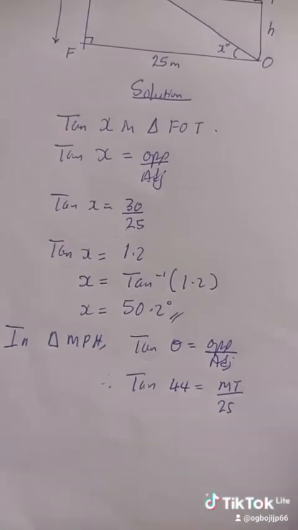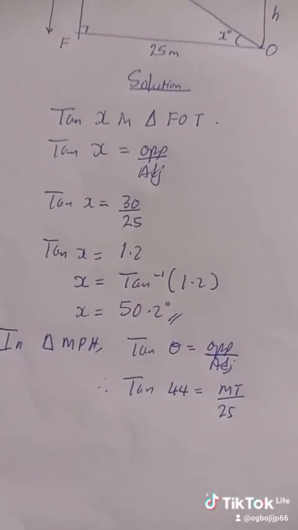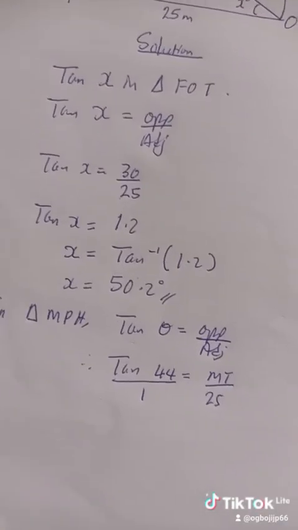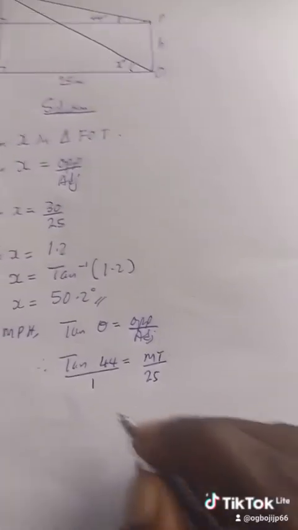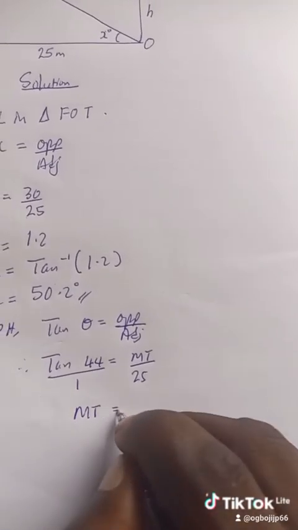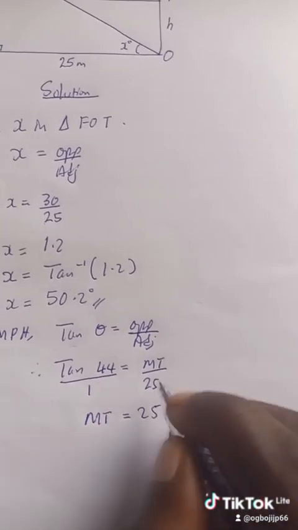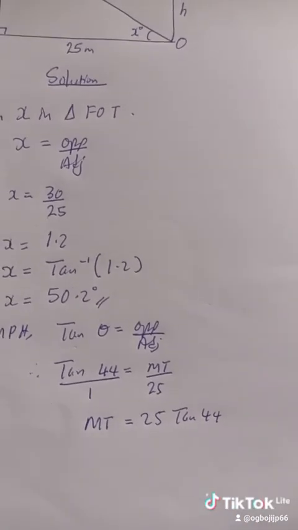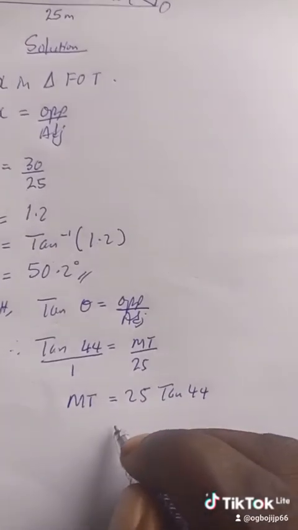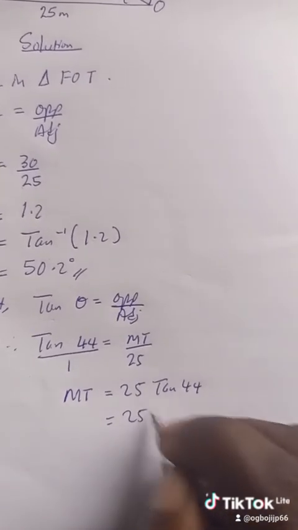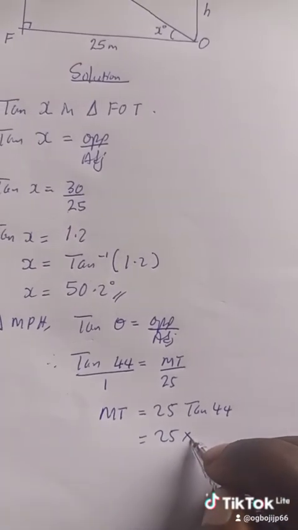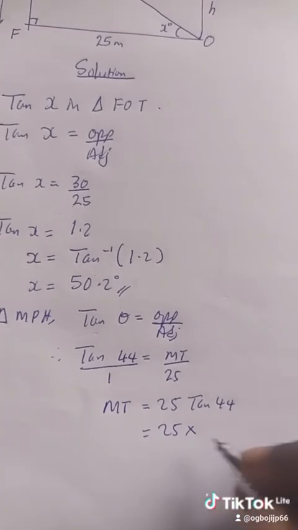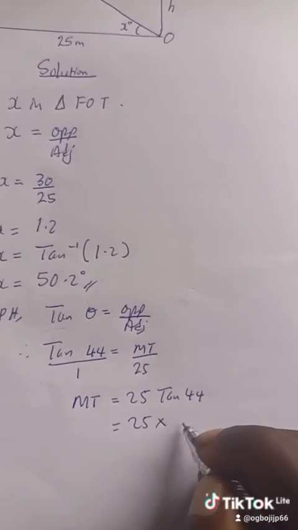In this case, we cross multiply. This is almost like over 1, just to make it have the fraction look. So MT times 1 is MT. MT is equal to 25 times tan 44, which is 25 tan 44. Now tan 44, the tangent of 44, if you look at it in our calculator, is 0.9657.